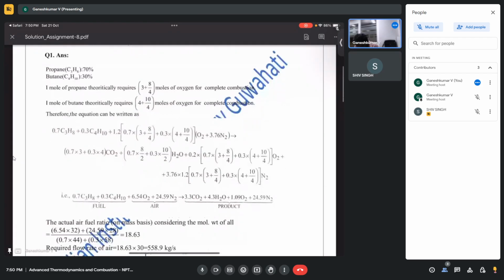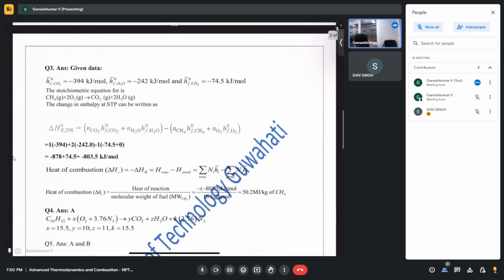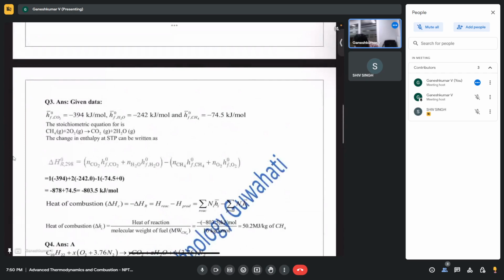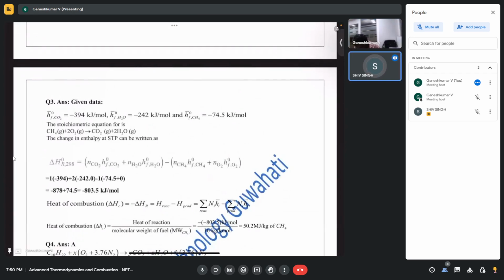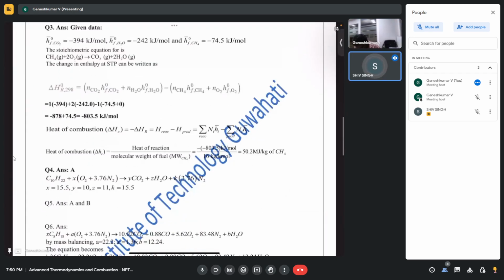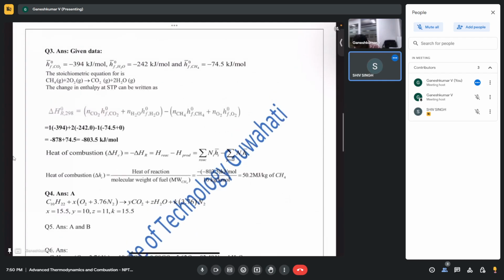If it is products minus reactants, it should be negative, no? Why is it positive? Here they have taken the negative side. So here the enthalpy of combustion, heat of combustion, is reactants minus products.